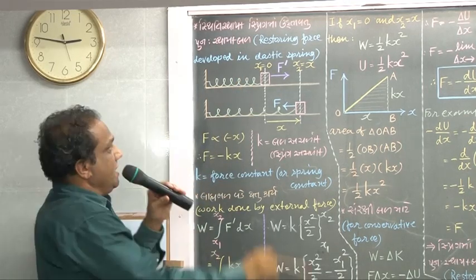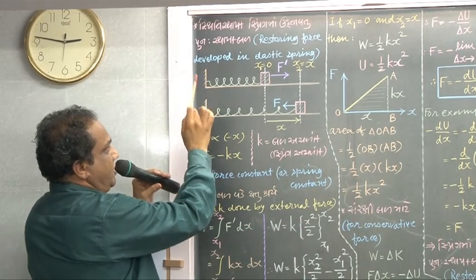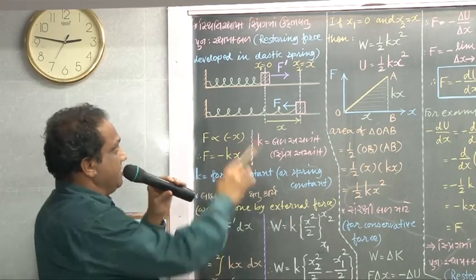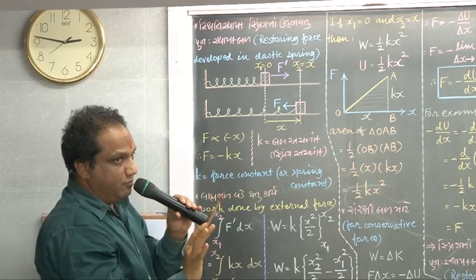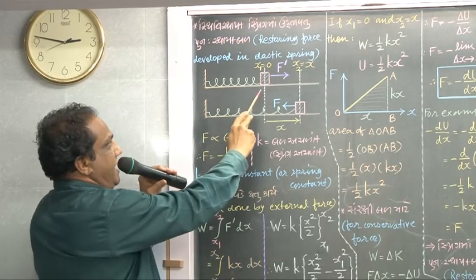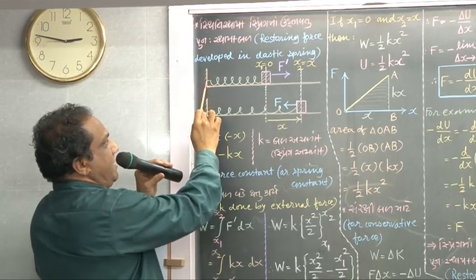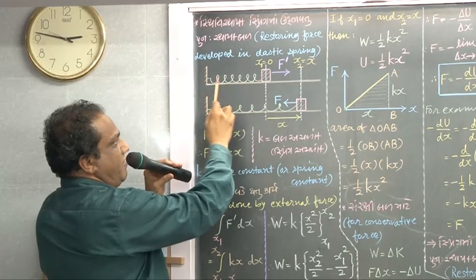One end of the spring is tied with a rigid support, some wall you can consider, and another end, which is the free end of the spring, is tied with another block. This end cannot move, it is fixed, and this end is movable.